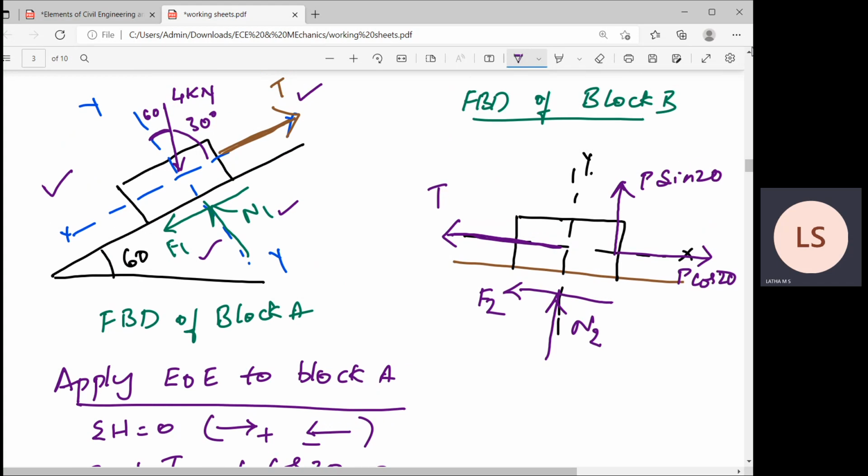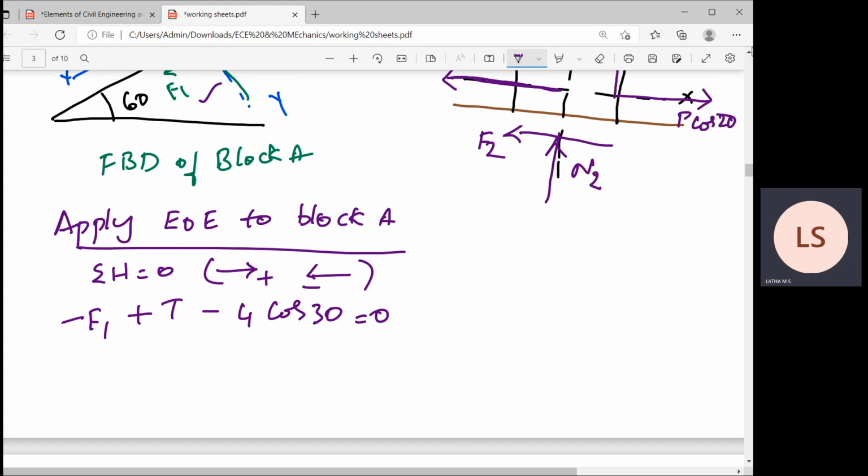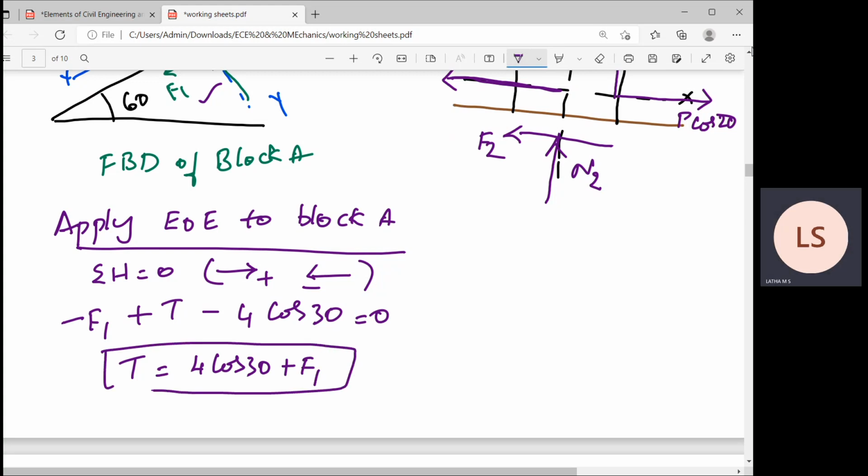This is the 4 cos 30. So I can write it as T is equal to 4 cos 30 plus F1. I call this equation 1.